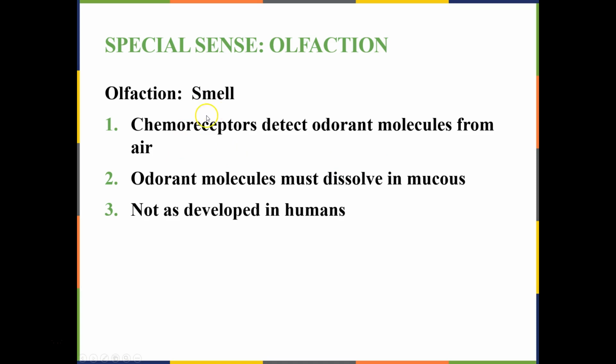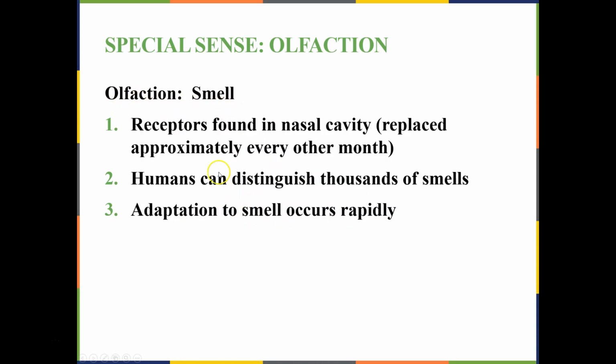Olfaction is your sense of smell. Chemoreceptors detect odorant molecules. Odorant molecules have to dissolve in mucus or we would not be able to smell. Humans don't have as great a sense of olfaction as other mammals. The smell receptors are found in the nasal cavity, and they are neurons again that are just hanging in that nasal mucosa.